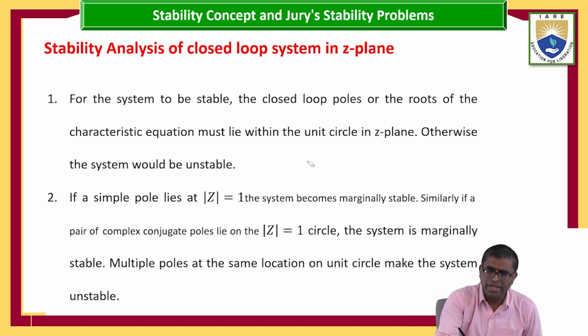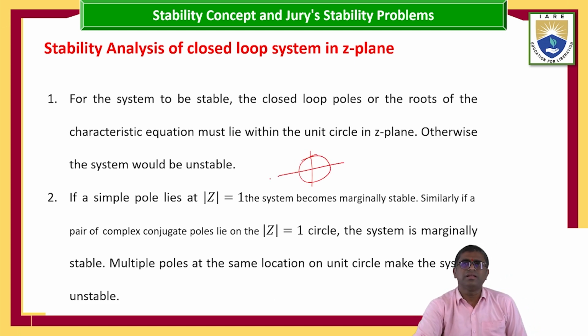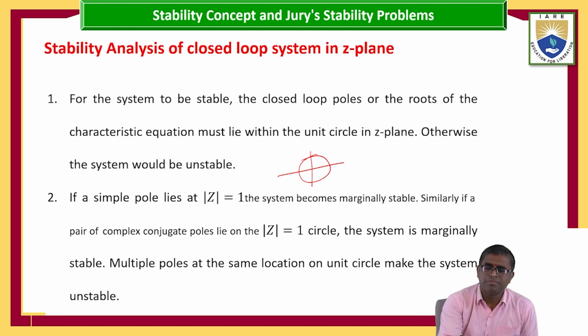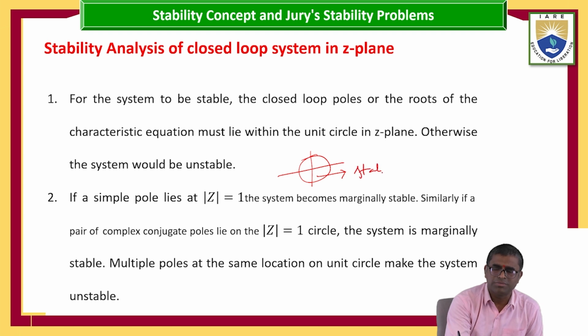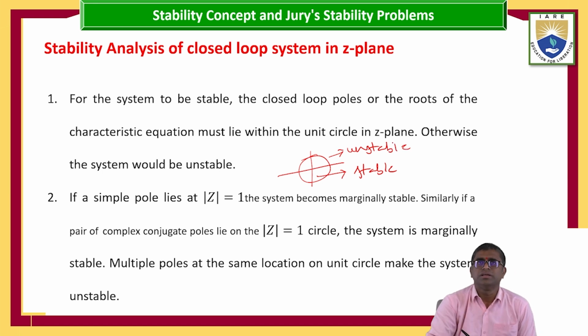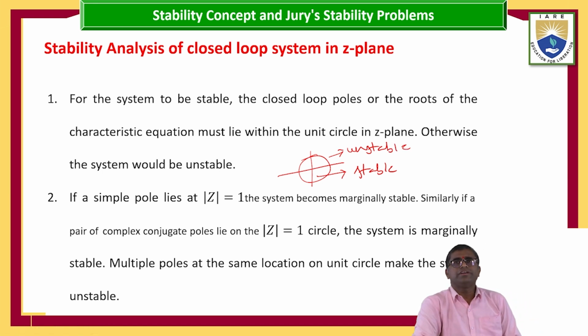In a digital control system, if the poles are inside the unit circle, that is the stable condition. Outside the unit circle, that is the unstable condition.